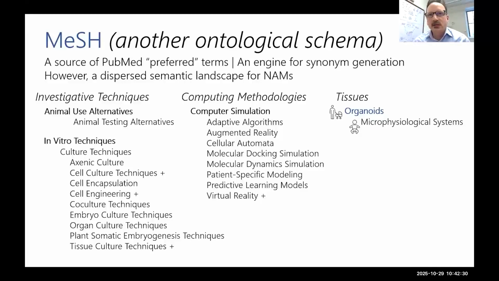So again, just to reorient ourselves, we're using the MeSH database to identify these preferred terms. And we're going to do that because PubMed articles are assigned these terms. So the MeSH database and PubMed are companions.